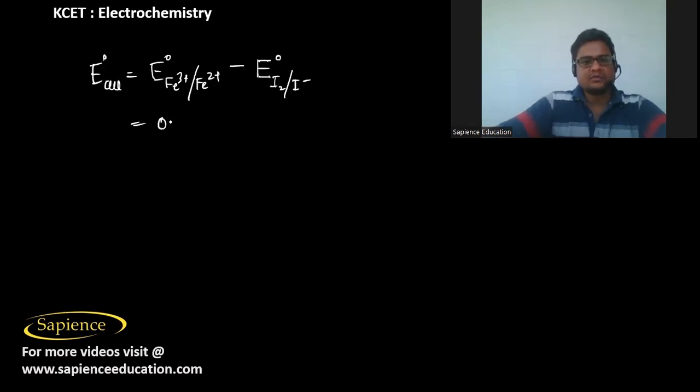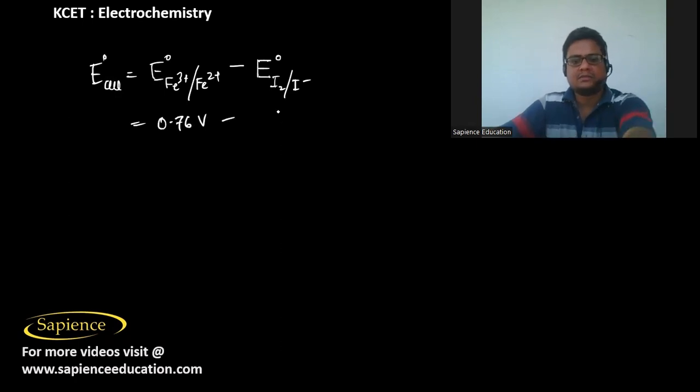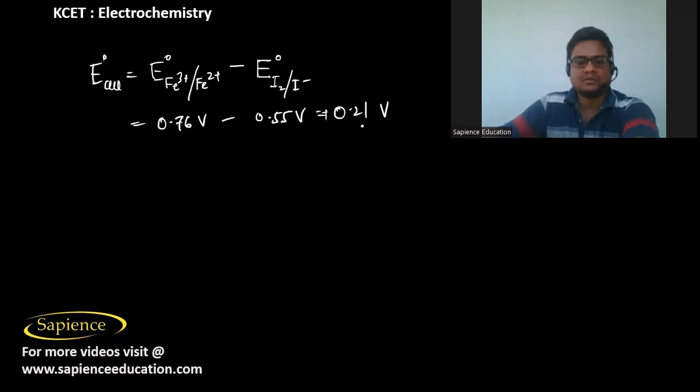So this will be equal to 0.76 volt minus 0.55 volt, so this is plus 0.21 volt.